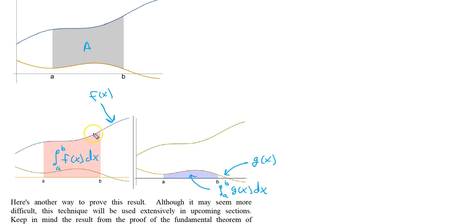So you see, if we take this shaded region and subtract from it this shaded region, which in this graph over here would be like this region right here, you can easily see that we get the gray shaded region up here. So the area A is simply this shaded region minus this shaded region. Take that shaded region away.